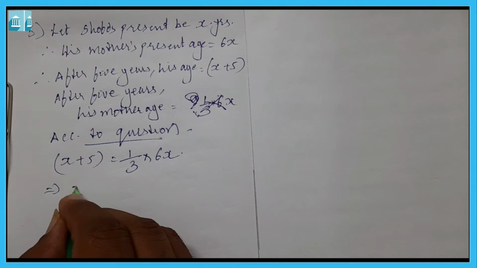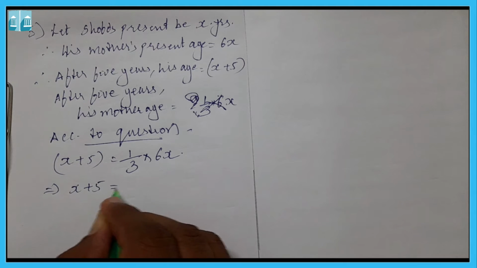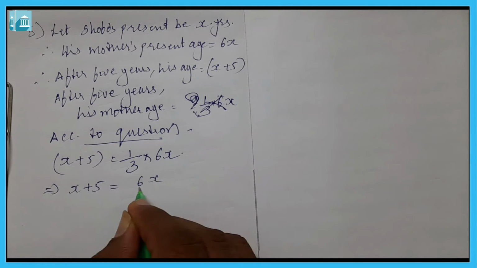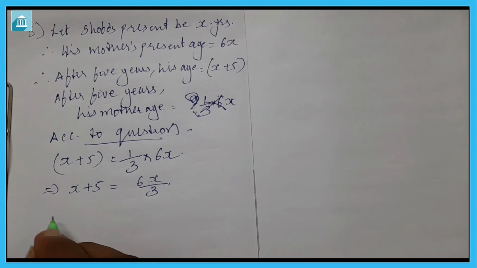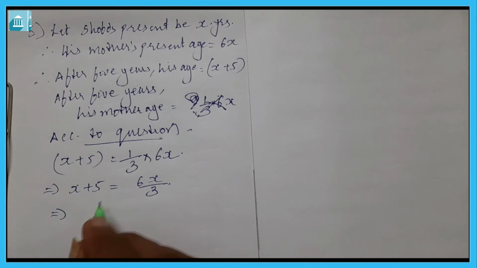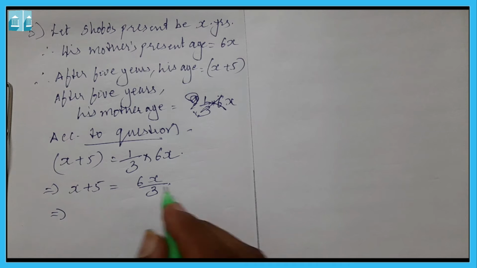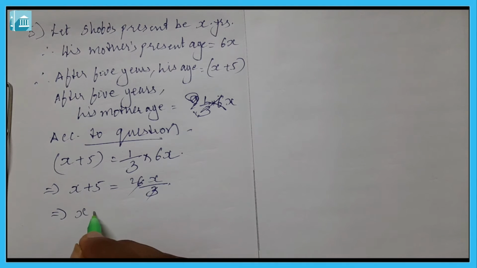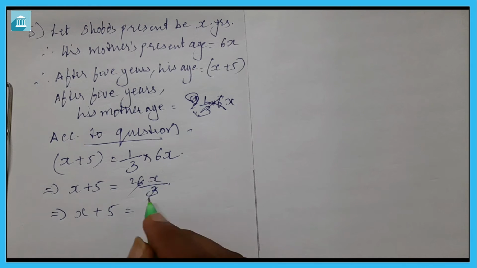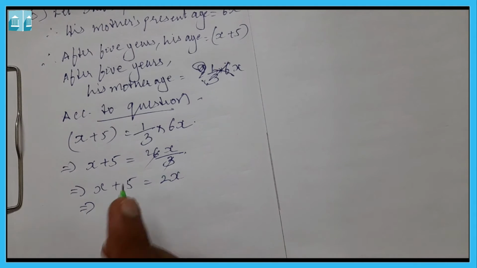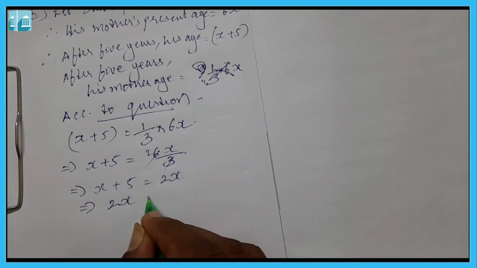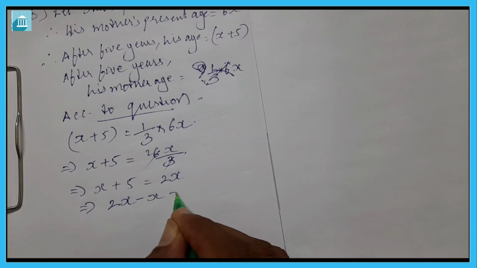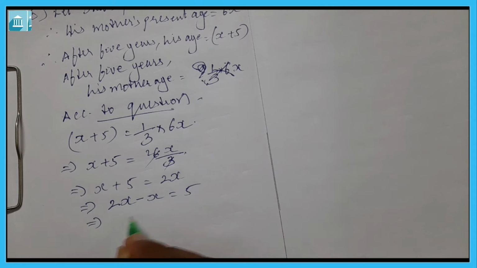By solving the equation we will get x plus 5 is equal to 6x upon 3, which is 2x. So x plus 5 is equal to 2x. We imply that 2x minus x is equal to 5, so x is equal to 5.